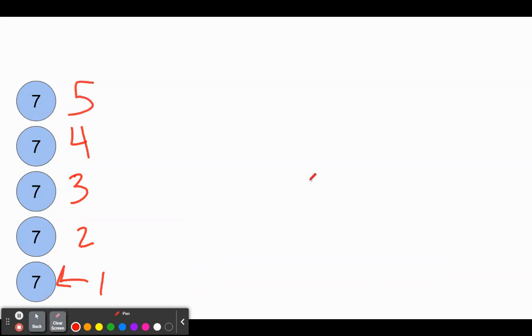Okay, so this multiplication sentence that would represent these 5 7s would be 5 times 7. This could be 5 times 7, or according to the commutative property, it can also be 7 times 5, right?